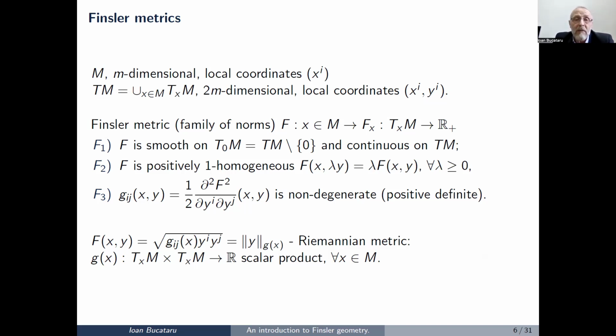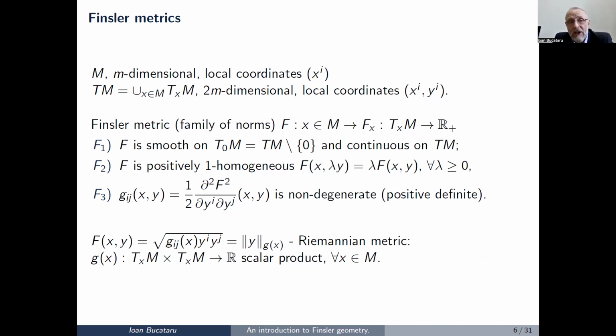It is a 2m-dimensional manifold with local coordinates x and y. Think of this TM as a foliated manifold where the leaves are tangent spaces. So the y coordinates are coordinates in the fibers, in the leaves, and the x coordinates are transverse coordinates.